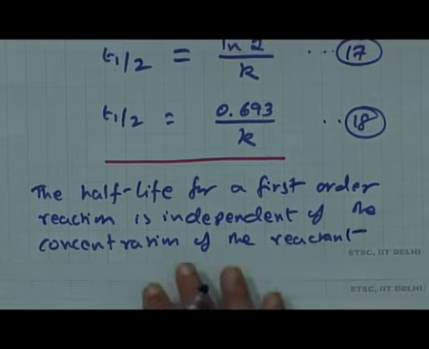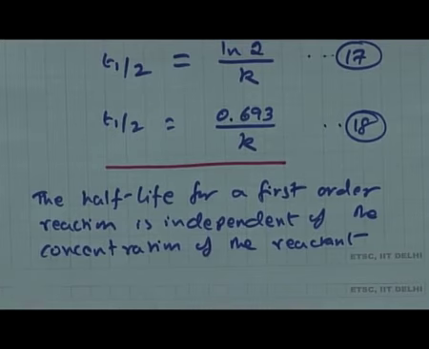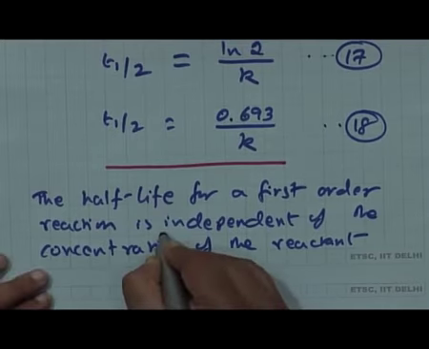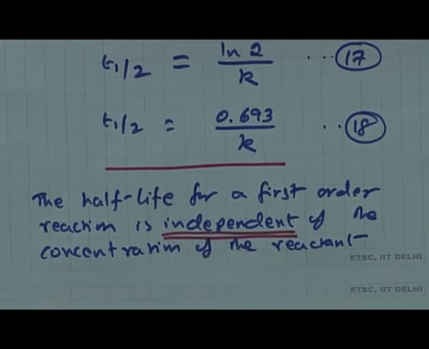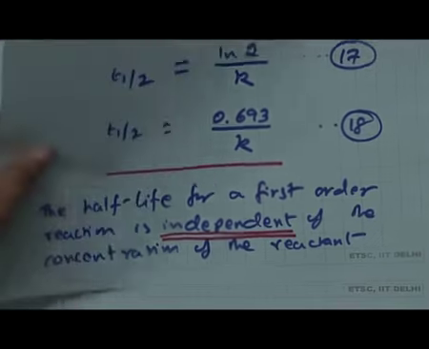Again, independent is the key word: that is, T half takes the same value no matter what the extent of reaction is.